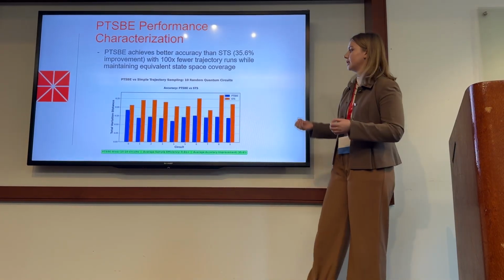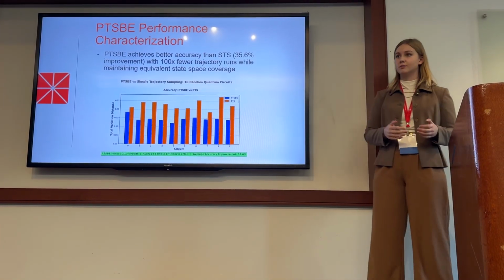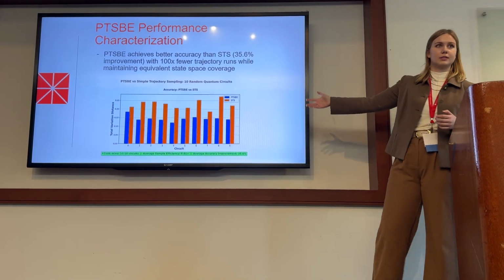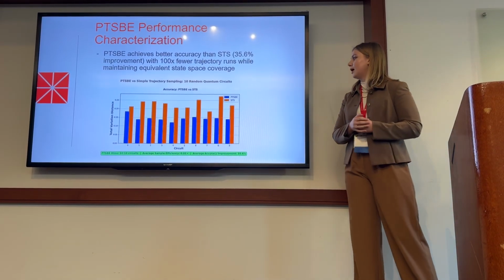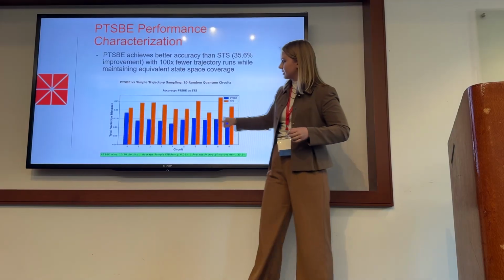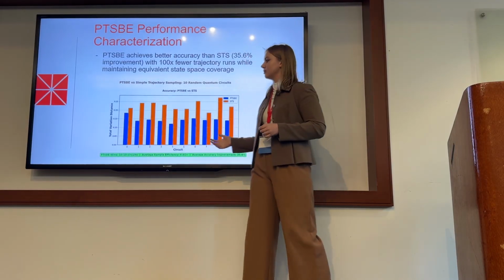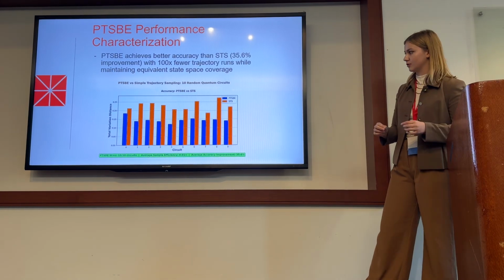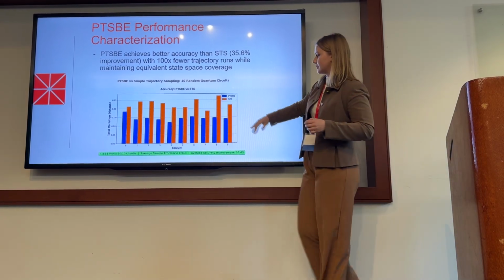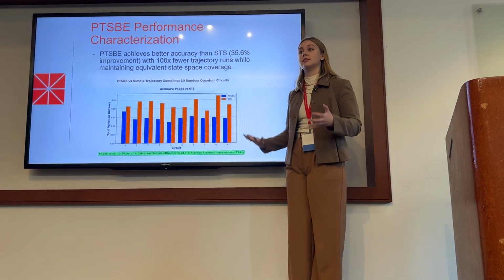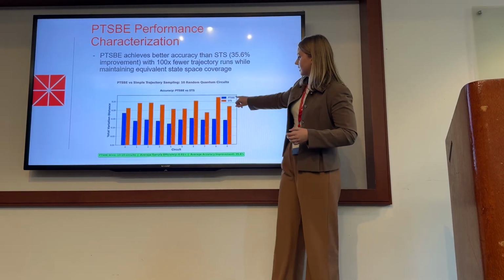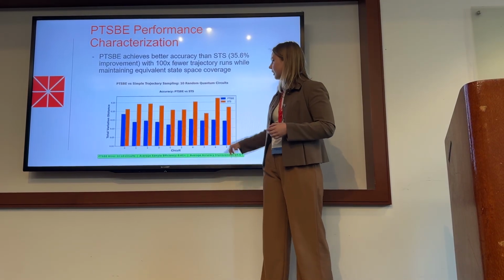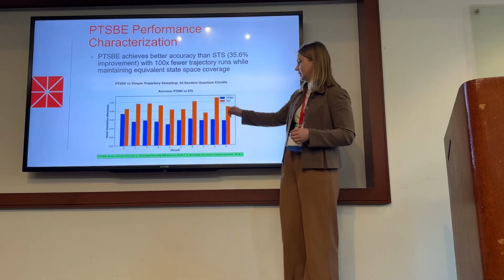The only problem with it is that it can only handle smaller systems, so we are using 7 qubits in this instance. This graph is essentially saying that our accuracy measurement is dependent on the total variation distance to the density matrix. The lower this bar is, the closer it is to the exact answer. PTSBE, our method, is in blue, and STS, the traditional method, is in orange.